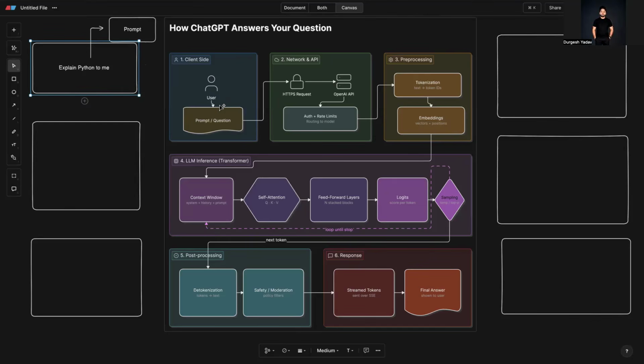Now, as soon as you have given the prompt, this particular prompt has to flow. Think of it like this: if I am asking a question, I need someone to answer that question. That someone is basically your OpenAI server, or Claude server, or any GPT model server, or you can say ChatGPT. So I have to ask ChatGPT to give me the solution.